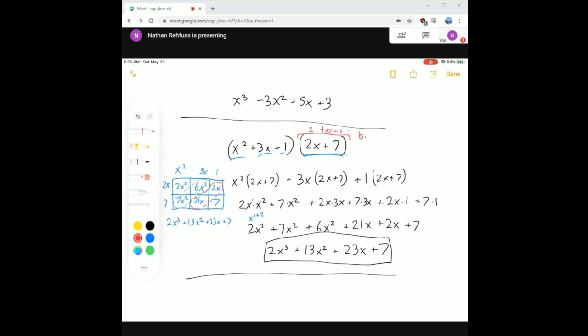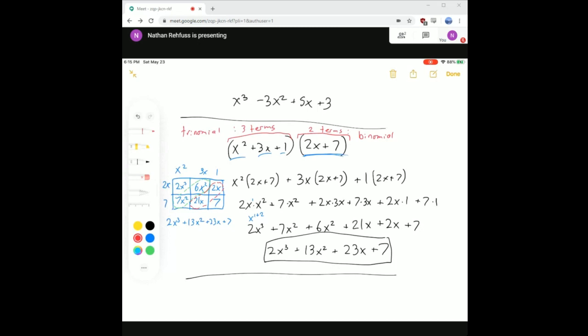So this is a binomial. Or this is 3 terms. I've got them underlined there. We'll call that a trinomial. Like a triangle has 3 sides, a trinomial has 3 terms.